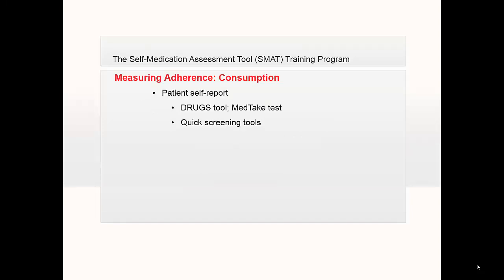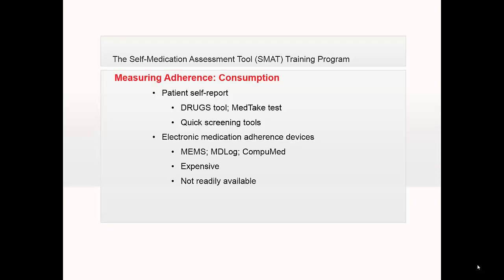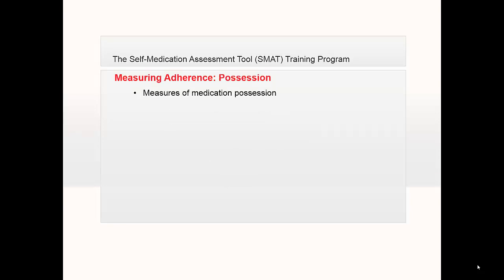Patient self-reports can be used, and examples of these include the DRUGS tool, the MedTake test, or quick screening tools. Or electronic medication adherence devices can be used. For example, the MEMS, MD-Log, CompuMed. These can be helpful, but they can be expensive or not readily available.